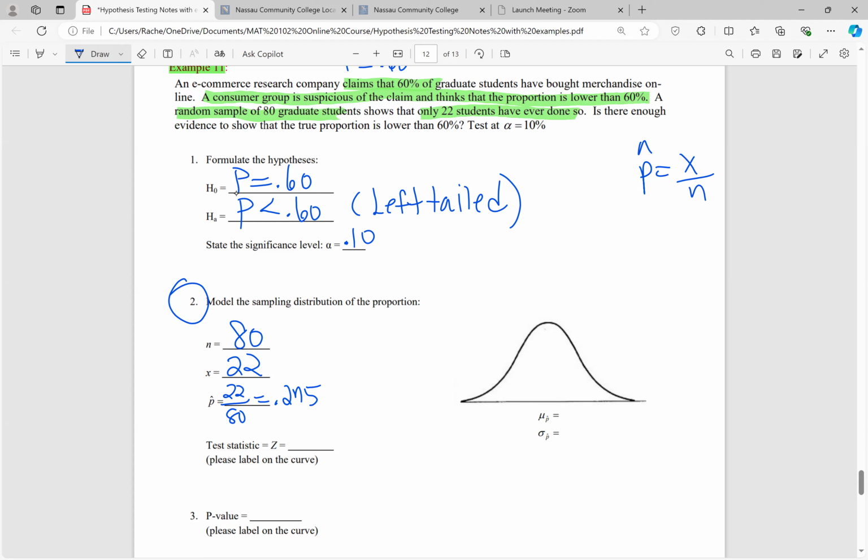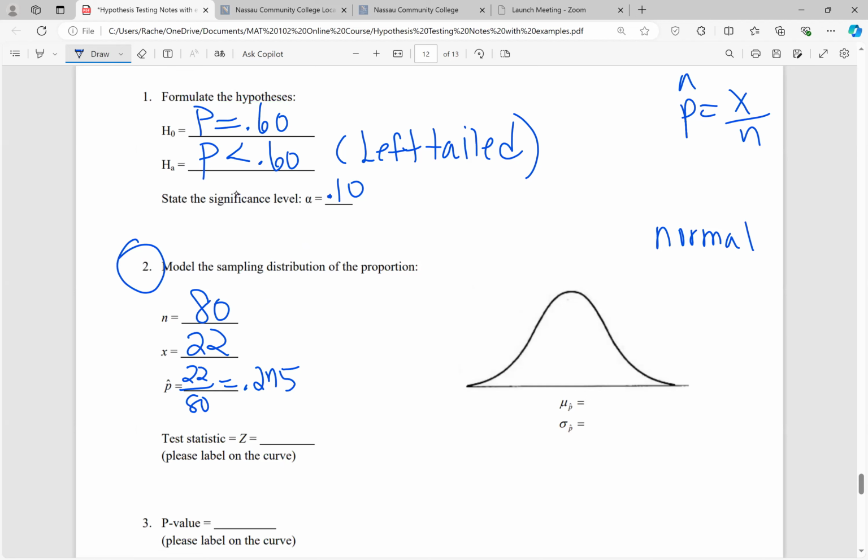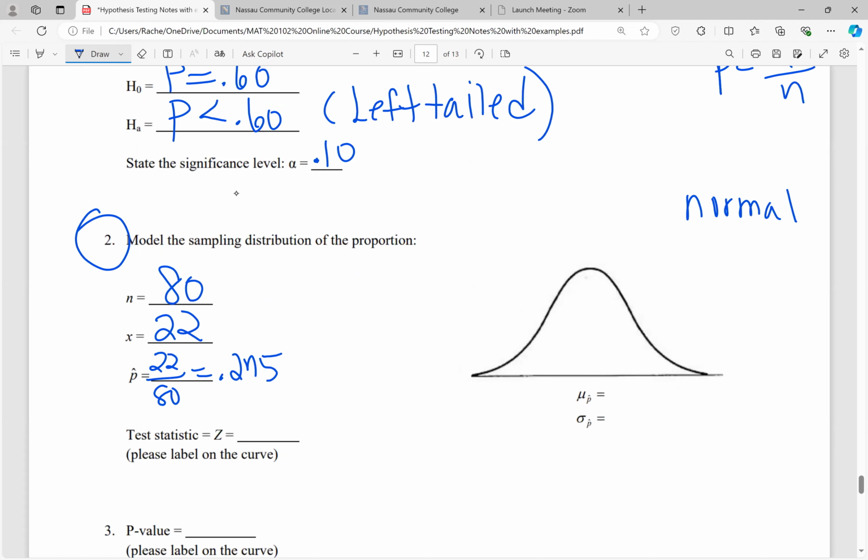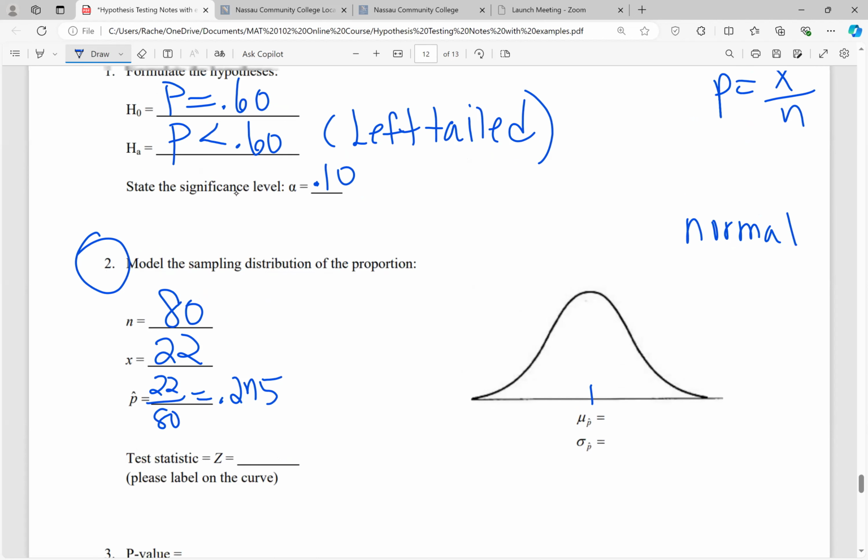Now let's look at our model. We have a normal distribution. Mu sub p hat goes in the center, and we're assuming p is equal to 0.60 unless we can prove otherwise.